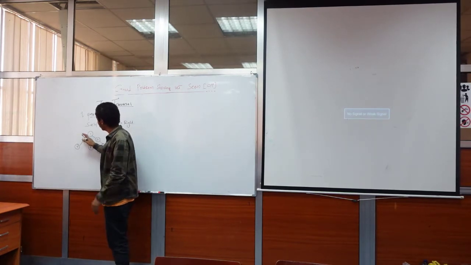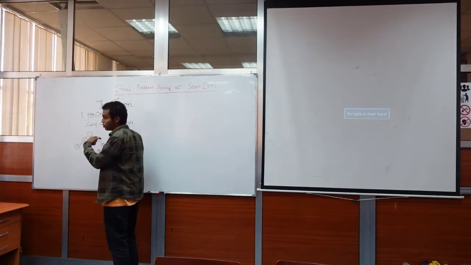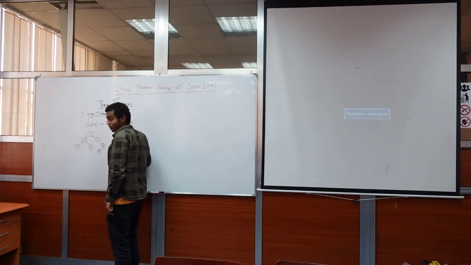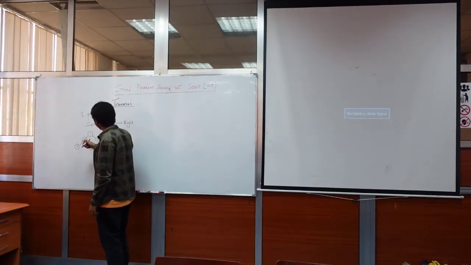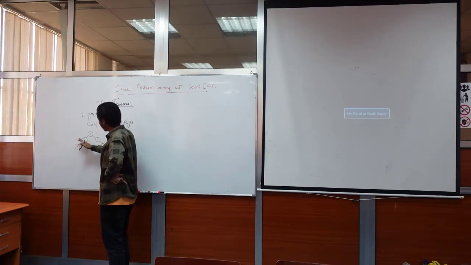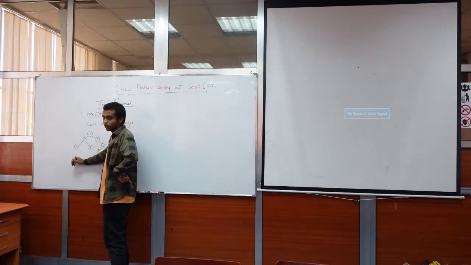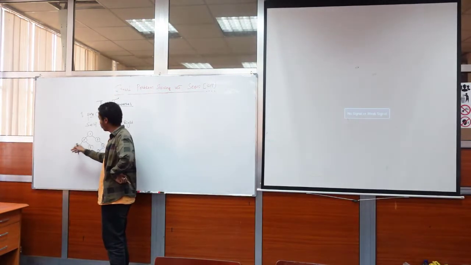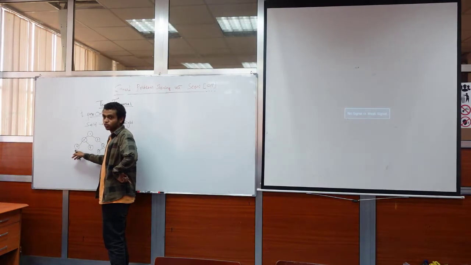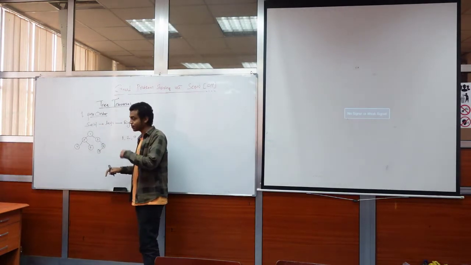For the left subtree, what's the root? 2, right? So we process it, and then this calls the same thing for the left subtree. What's the root for the left subtree of 2? It's 4, right? So 4 gets processed.